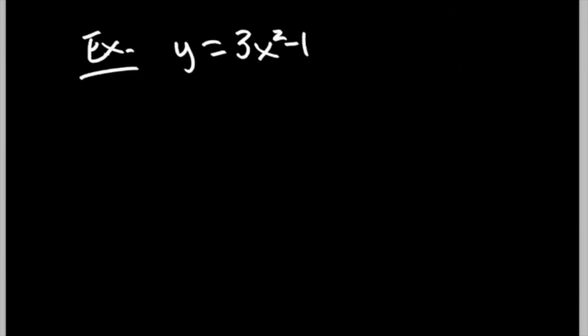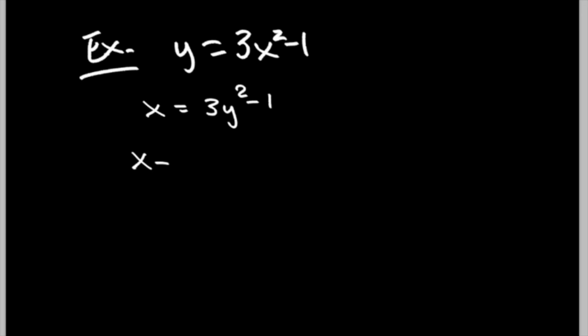All right, let's try this here. If we just switch x and y, we will get x equals 3y squared minus 1. So literally x and y are reversing. Now let's solve for y.